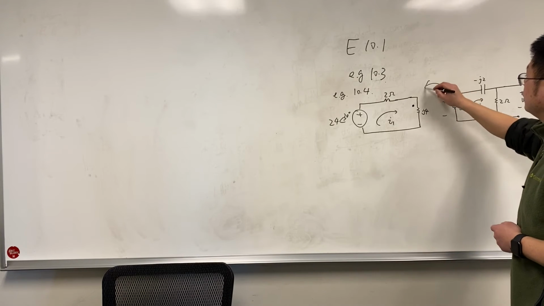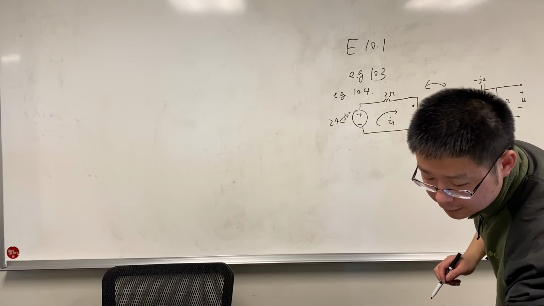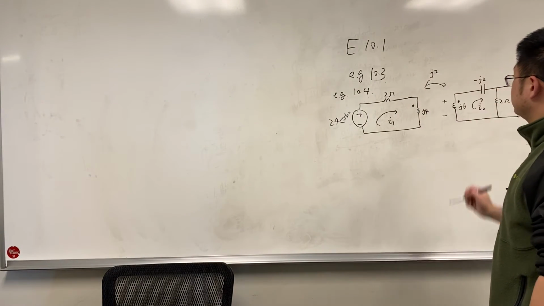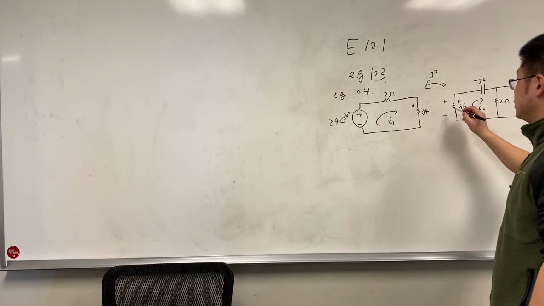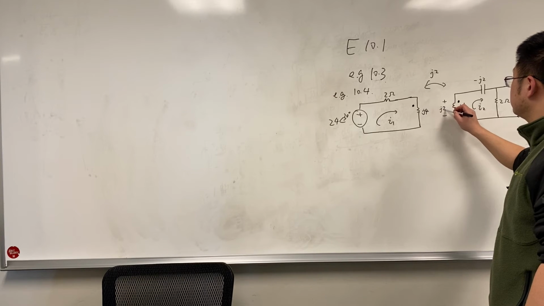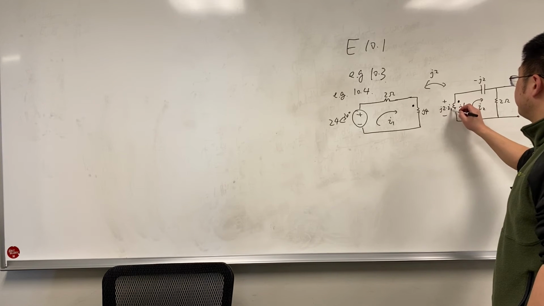And also the mutual inductance is given as j2, so the voltage it generates is j2 times I1.